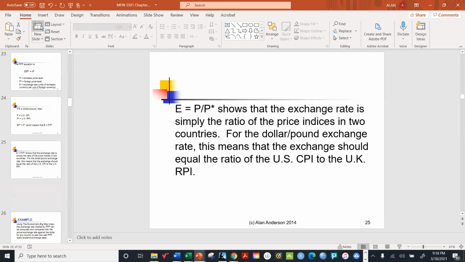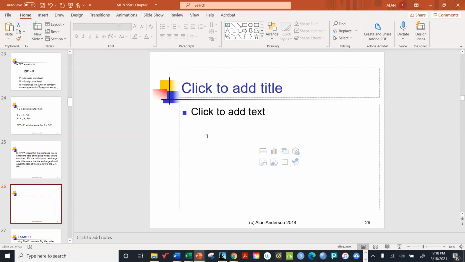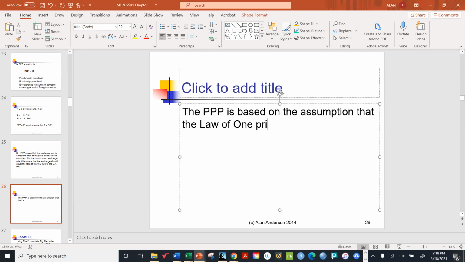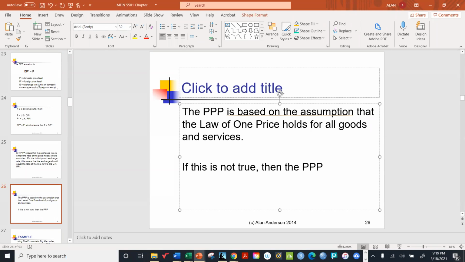Now, will this theory hold or not? Well, here's the issue. PPP is based on the assumption that the law of one price holds for all goods and services. If this is not true, then PPP is not likely to hold.